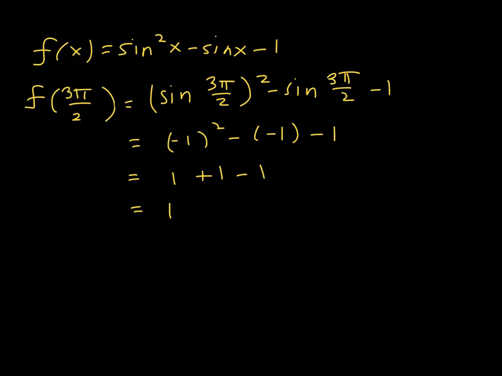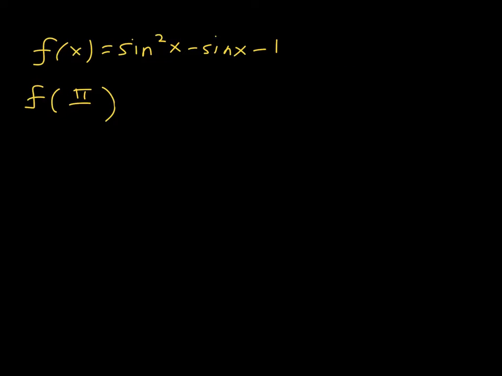Now, at the endpoints, the function can achieve an extreme value at the endpoint. So let's check the endpoints as well. The endpoints are 0 and 2 pi. 0 and 2 pi are coterminal angles, so these function values are going to be the same.